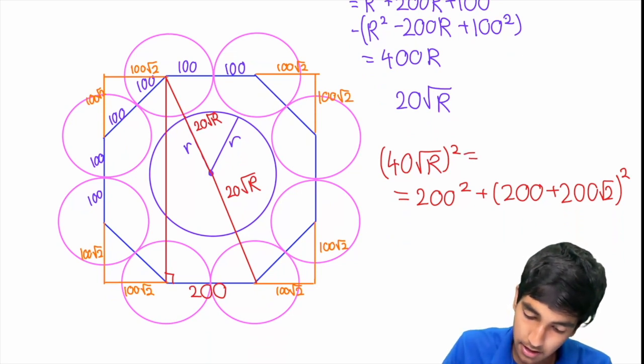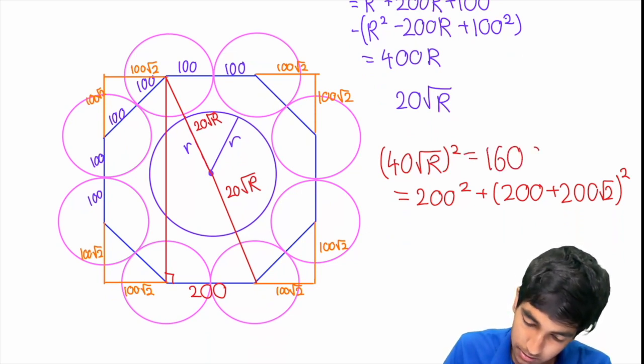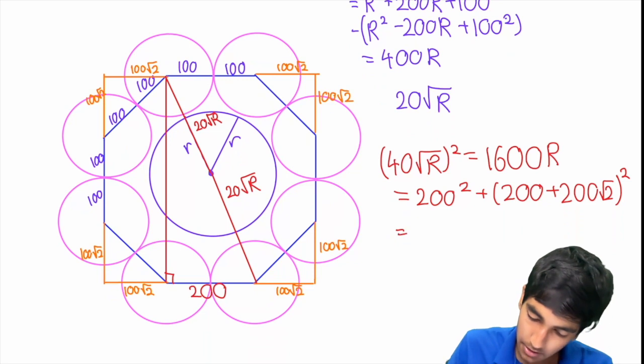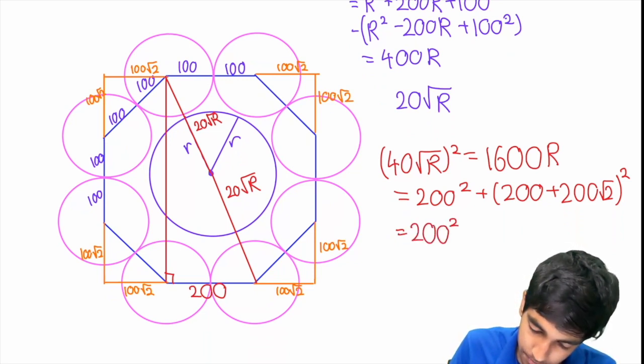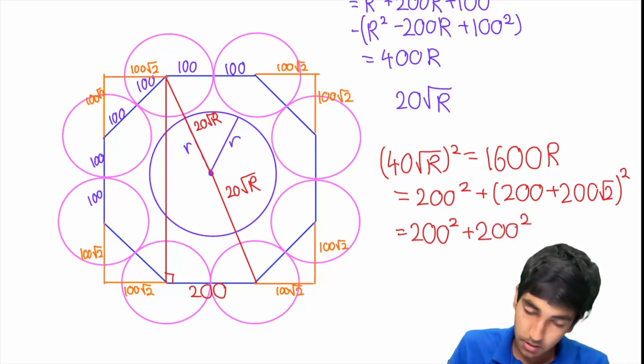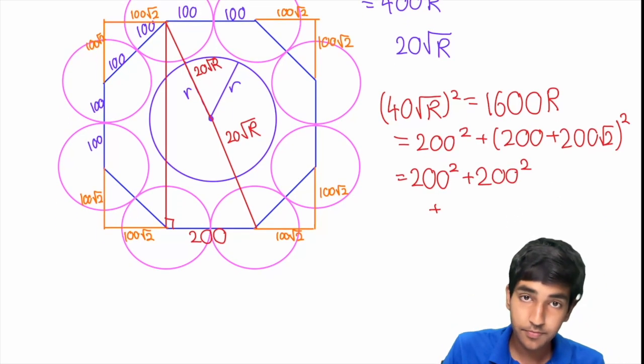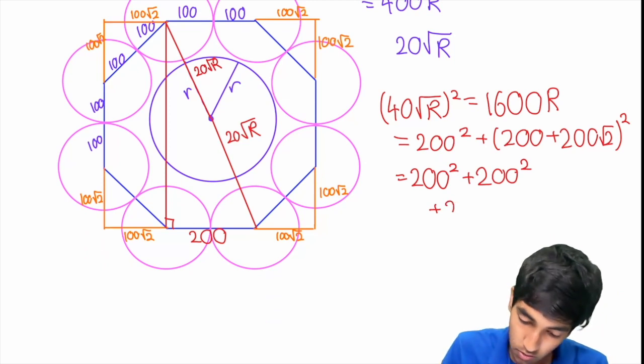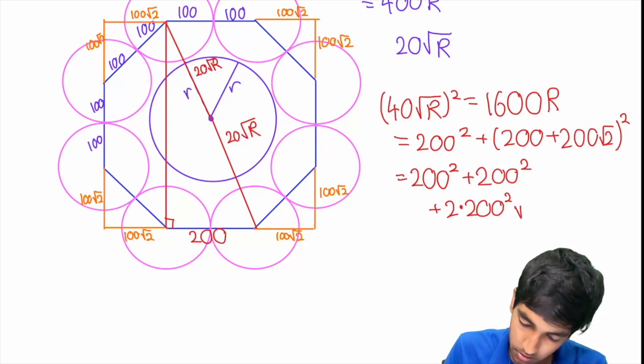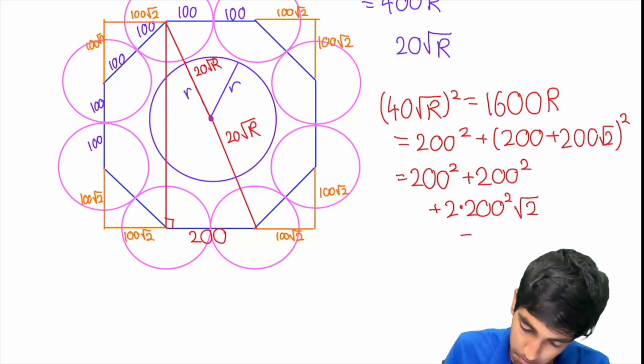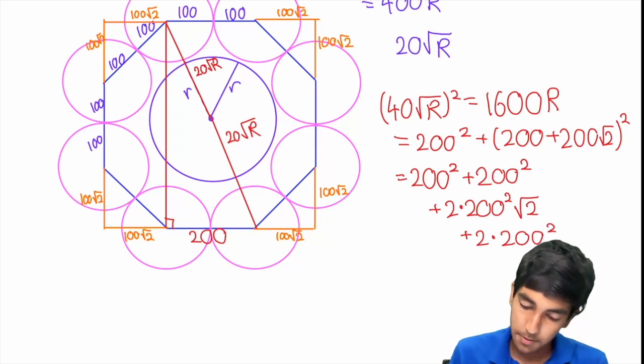And we expand, this is 1600R. This bottom thing, well, this is just a little bit of expanding. 200 squared plus 200 squared plus 2 times 200 squared √2 plus 2 times 200 squared.